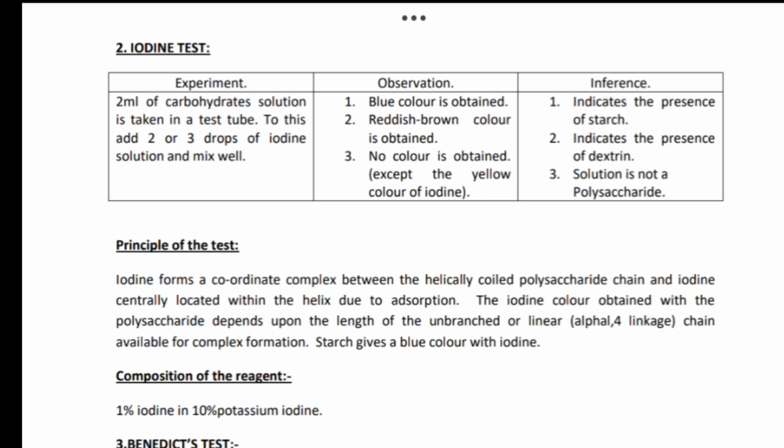If blue color is obtained, it indicates the presence of starch. If no color is obtained, you just have to say that the solution is not a polysaccharide, accepting the color of iodine. That is, the yellow color of iodine is still there, but it doesn't become blue. That's why you say that it is not a polysaccharide. In case it becomes blue, you say it is a polysaccharide, that is starch.